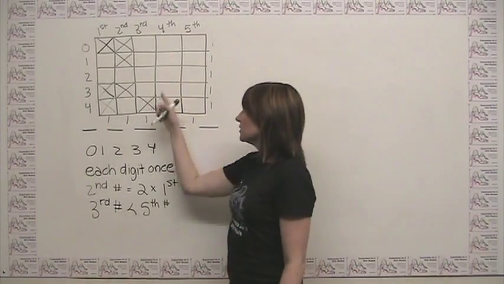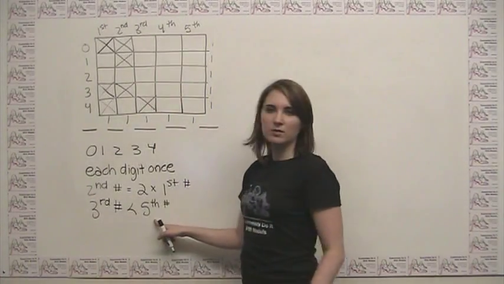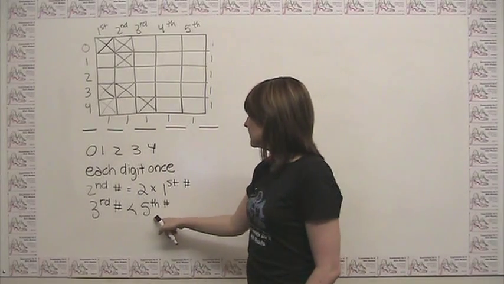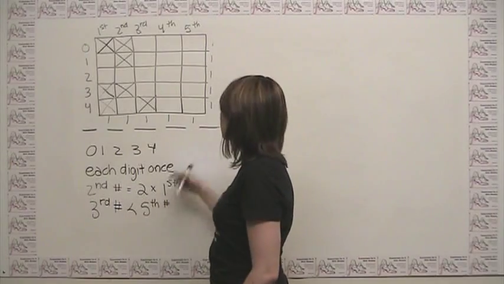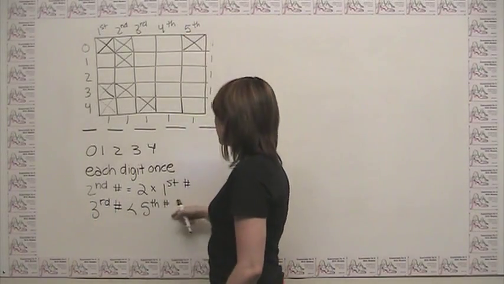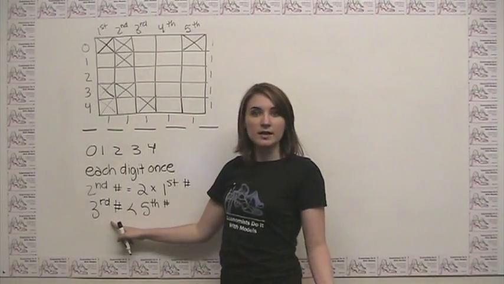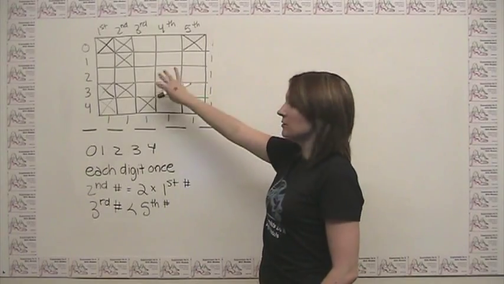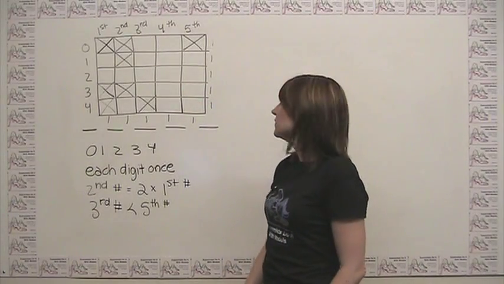Because if the third digit was 4, then the fifth digit would have to be greater than 4, which again is not an option. Similarly, the fifth digit cannot be 0, because then there's no way for the third digit to be less than it. So we get a little bit more of a restriction on our mapping here.